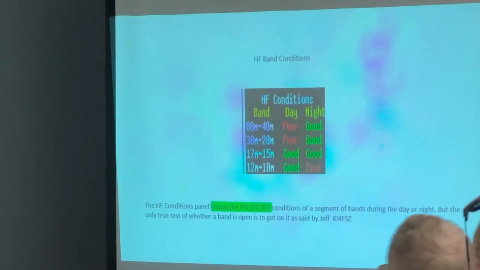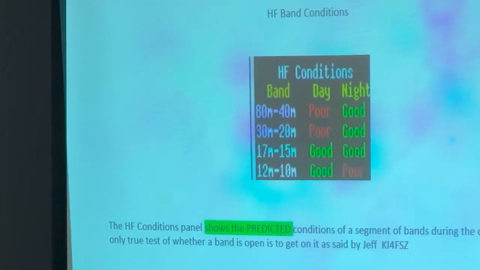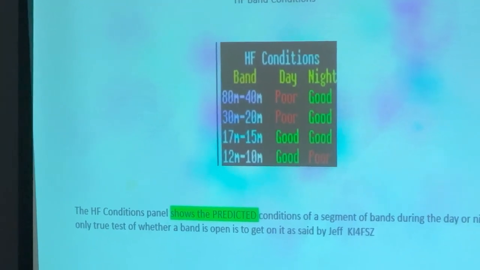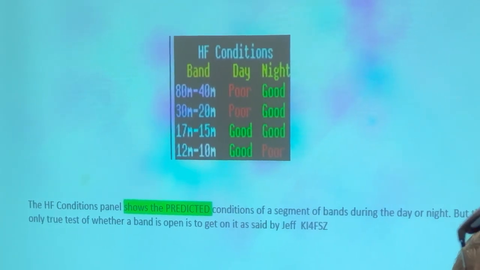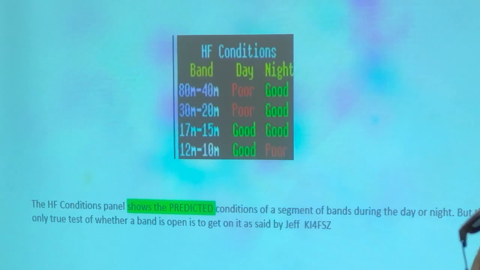Then you have the little section there that talks about the HF bands. And the HF band panel here shows you, according to the predictions, the information you're giving there, how are these bands going to do? As you can see, there's a day and a night, like 80-40 meters there. It's generally poor during the day and it's good at night.